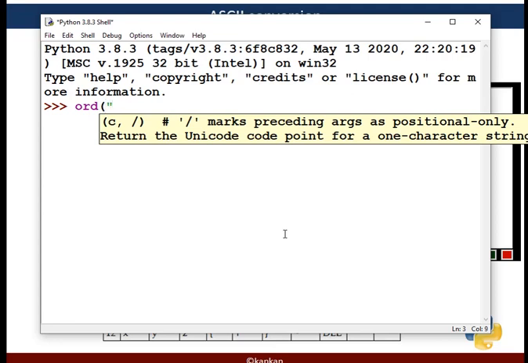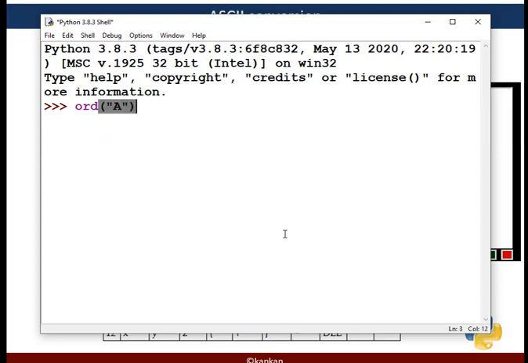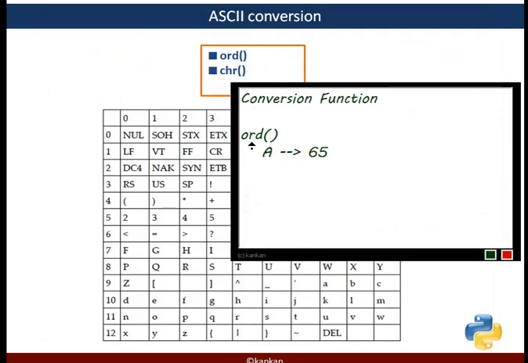Now I write this one. What will be the value? That is 65, the ASCII value. So the ORD function is used to find out the ASCII value of this character.